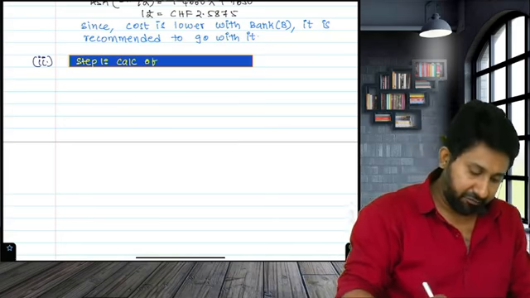Calculation of forward rates. Write down. For the first one. What is the first one?